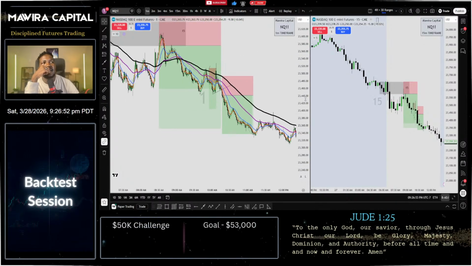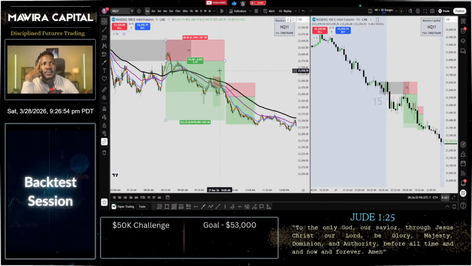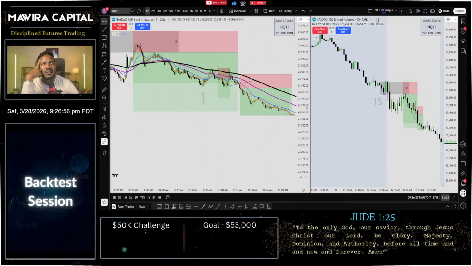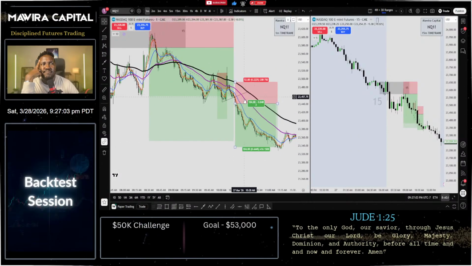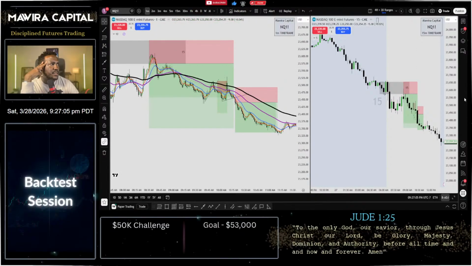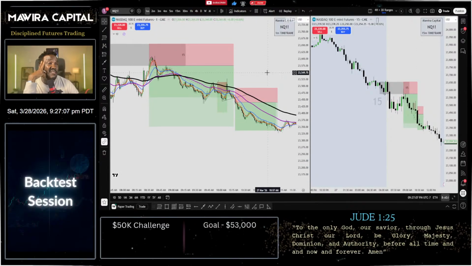So pretty much when I do have enough drawdown, I should be able to get back in. If I take that loss, it forms again, I should be able to get back in. Yeah, but for now, we're taking care of that drawdown that we have.